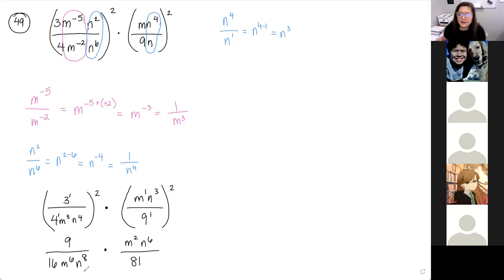So now that I have this, I can either multiply straight across, okay? Or I can simplify before I multiply. Like I can cancel things that are the same. So for example, I know that 2 m's are going to fit in here once, and then 2 m's are going to fit in here 4 times. So this will simplify to m to the fourth, right? Because imagine what's happening here is I'm having m to the second over m to the sixth.